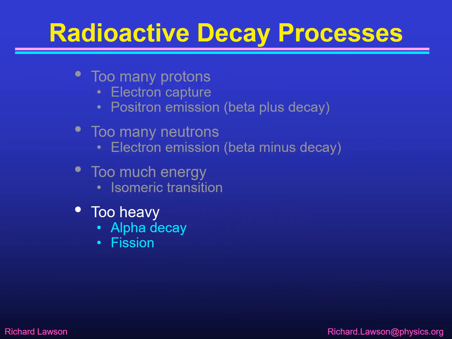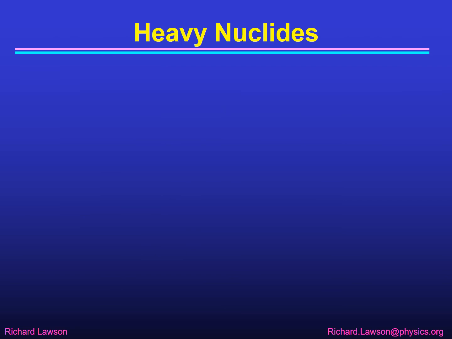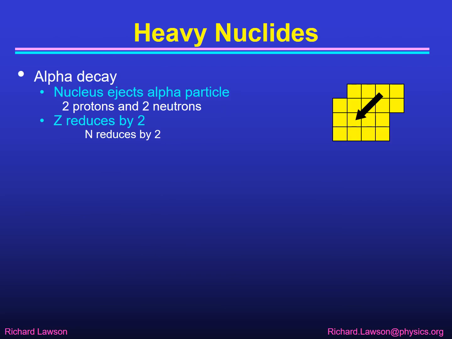Then finally we can think what happens if we have something that's too heavy, when we can have alpha decay or fission. So a heavy nuclide may lose some mass by ejecting an alpha particle. Now an alpha particle is 2 protons and 2 neutrons, so it's got a mass of 4 units, so it can lose quite a bit of mass in doing that.